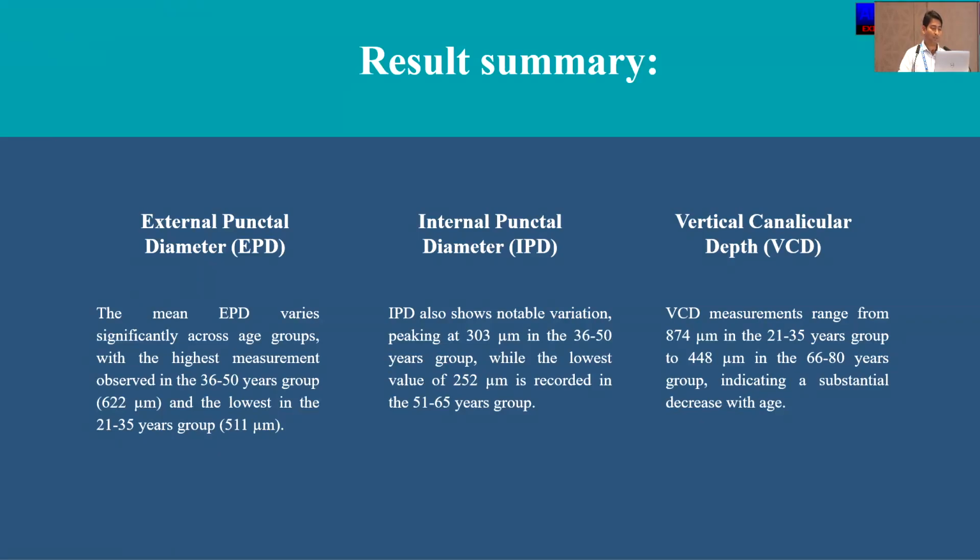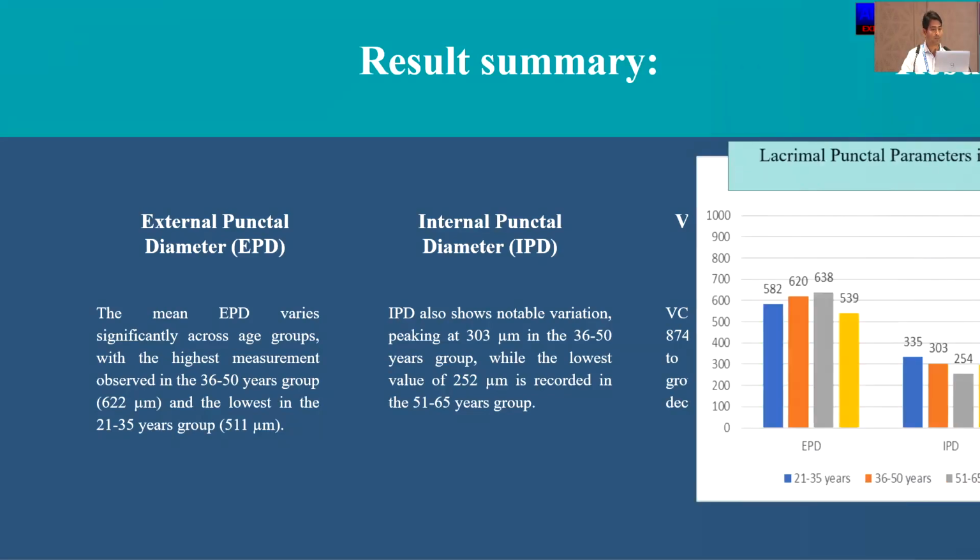And internal punctum diameter also shows notable variation, peaking at 303 micrometer in the 36 to 50 years age group, while the lowest value of 252 micrometer is recorded in the 51 to 65 years age group. And vertical canalicular depth measurement ranges from 874 micrometer in the 21 to 35 age group to 448 micrometer in the 66 to 80 years age group, indicating a substantial decrease with age.